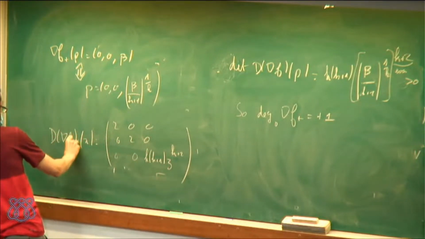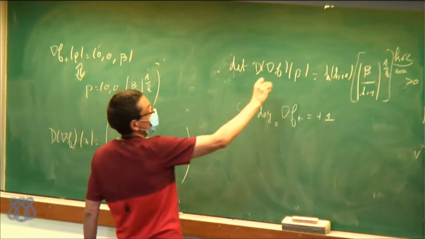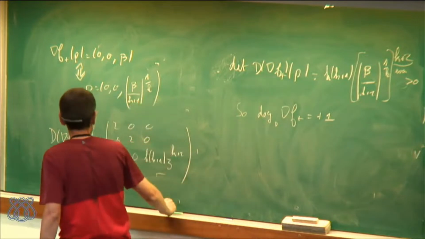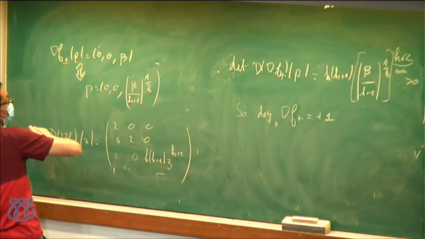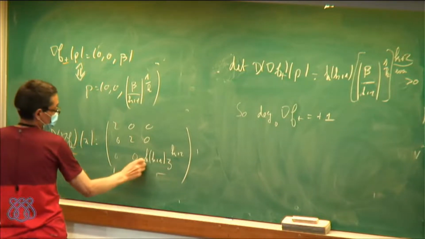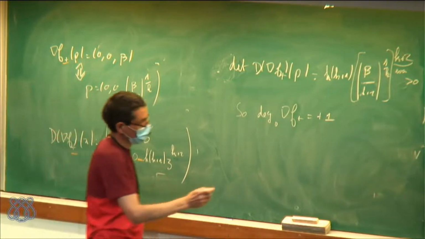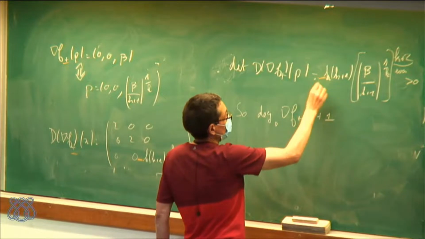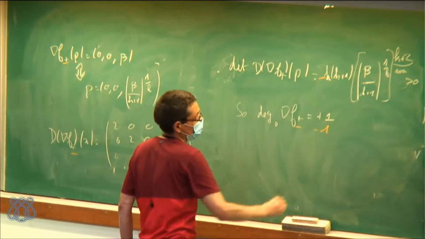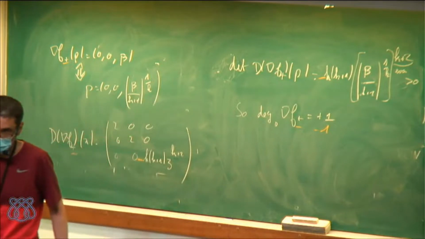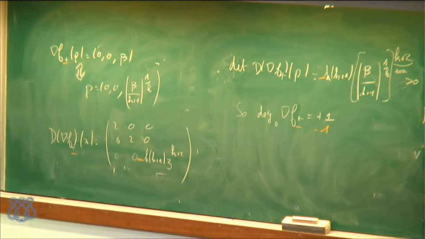Here I just have a minus sign. And so minus 1. And then you apply the Kim-Chashvili formula, and then you get that it's 0 or 2.